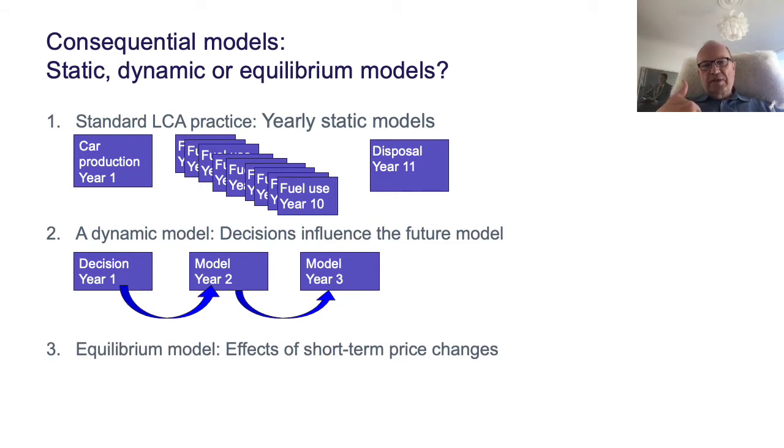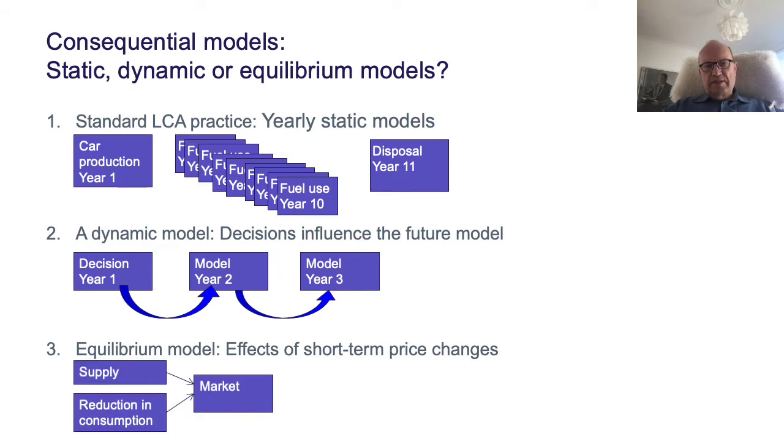Finally, there is the concept of equilibrium models. These are mainly modeling the effect of short-term price changes. Because of the constraints in the markets, when we demand an additional amount of product, there will be a reduction in consumption because not all of the demand will come from the supply of the market.